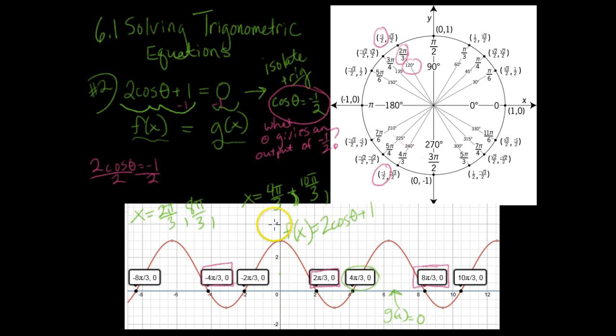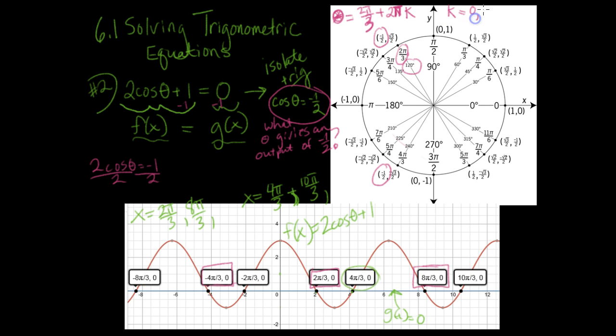So the hardest part of this lesson is how to write that as a solution. And what you do is you're going to say, it's not x, we're dealing with theta. Theta is equal to 2 pi over 3 plus, I want to add on a 2 pi, and I am going to put a k because k could represent any integer.